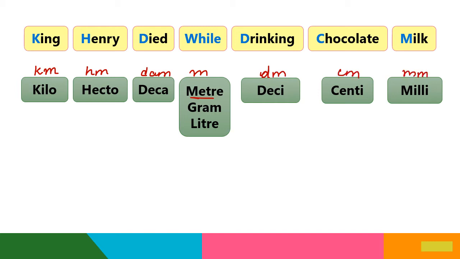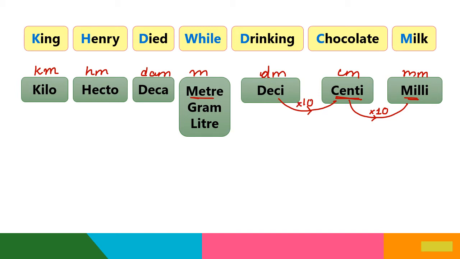Now, as you can see, milli is used for forming the smallest unit. So, starting from milli, each unit is 10 times greater, which means if we see centi, centi comes just after milli, so centi is 10 times milli. Similarly, deci is 10 times centi and so on.